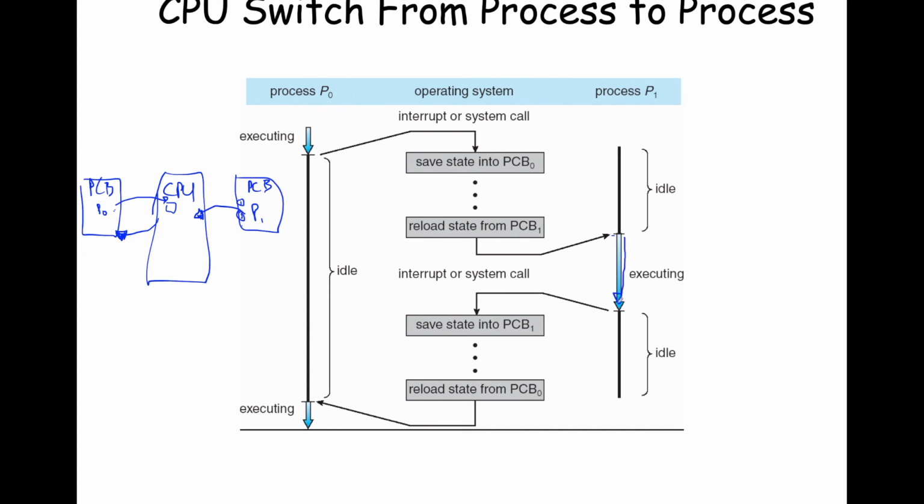So then it triggers an interrupt or makes a system call, P1 does, and that process repeats. So the status of P1 is then written into the process control block for P1, and then the PCB for P0 is used to populate or load the state where process P0 left off on the CPU, and execution of P0 continues.